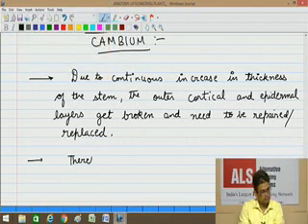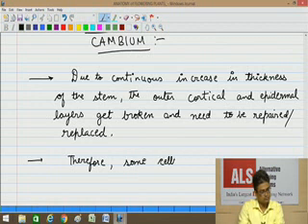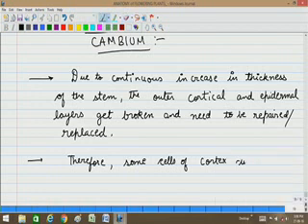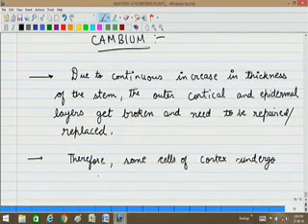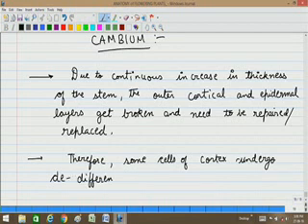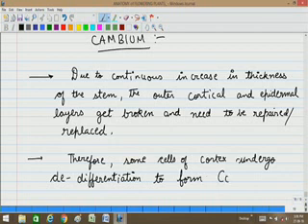Therefore, some cells of cortex undergo dedifferentiation to form cork cambium.